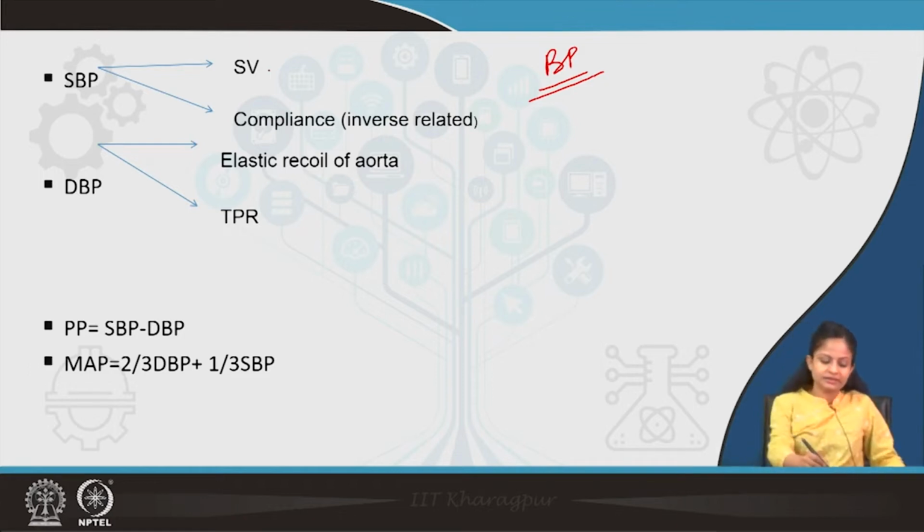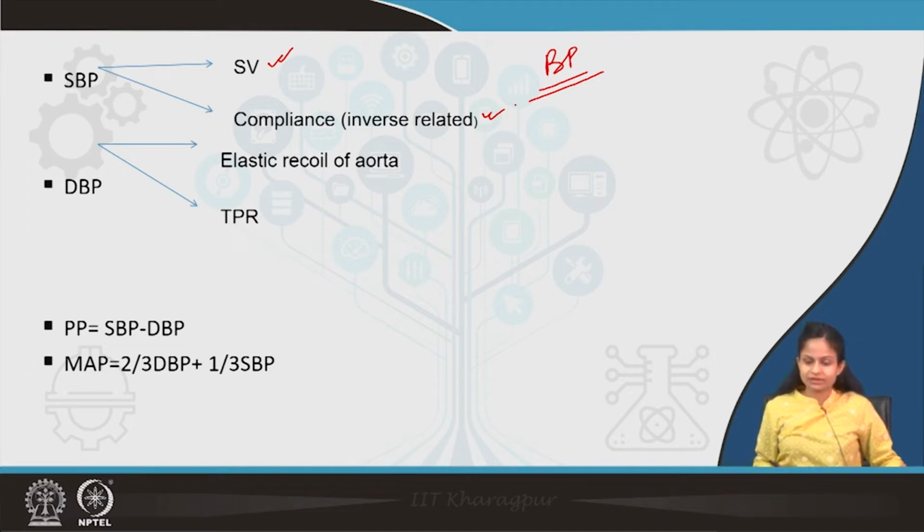The important points to be remembered in systolic blood pressure, that means the factors which affect the systolic blood pressure, are the stroke volume and the compliance. The compliance is inversely related to the systolic blood pressure.